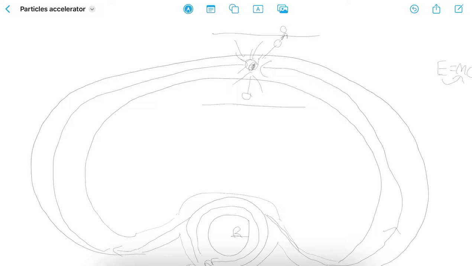Not long ago, almost 10 years ago, the Large Hadron Collider actually discovered a new particle, which is predicted by the standard model, which is the most accurate model in physics today.